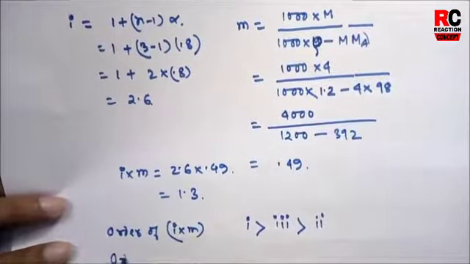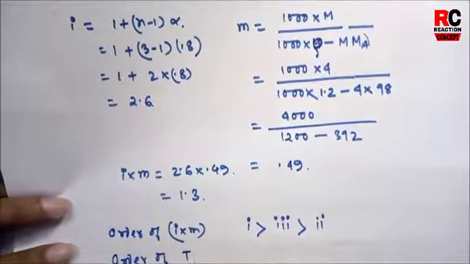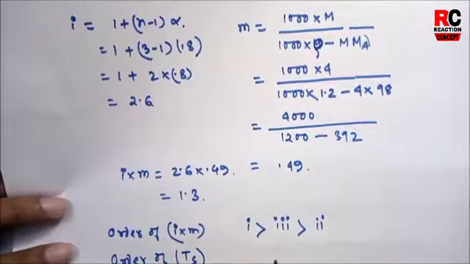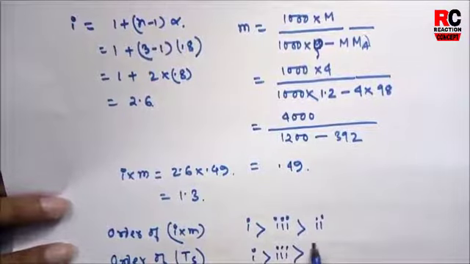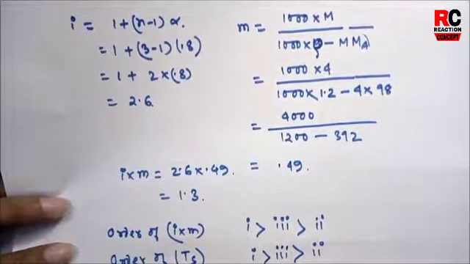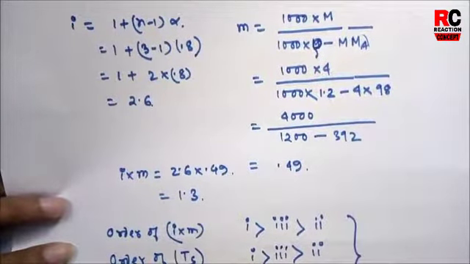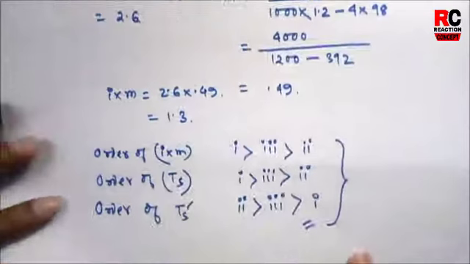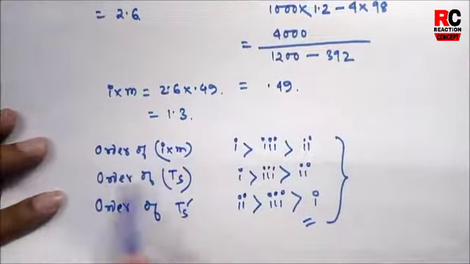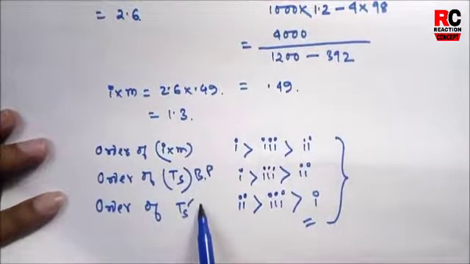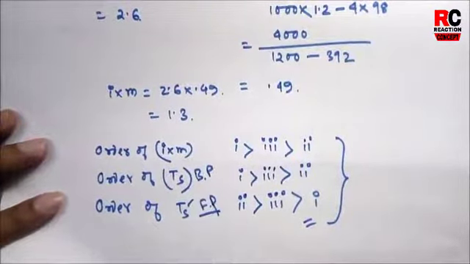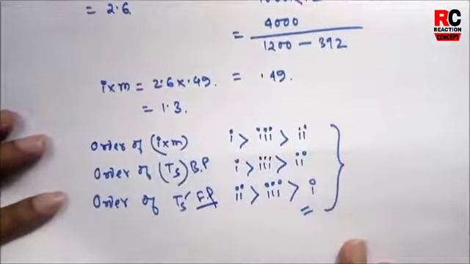So the order of boiling point of the solution is 1 greater than 3 greater than 2, whereas the order of freezing point of the solution would be 2, 3 and 1. So this is the increasing order of their freezing point. This is the boiling point order and this is the freezing point order. Okay, so this is how you have to solve the problem.